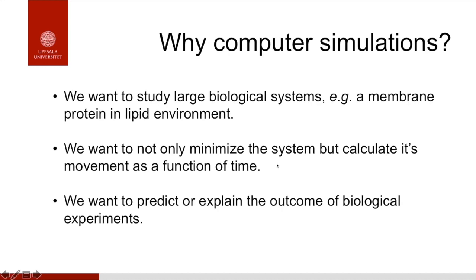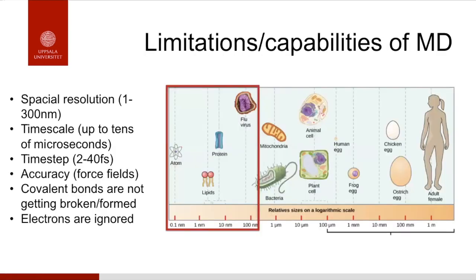That is not really possible to observe from experiment on that time scale and length scale. It can also be relatively cheap and fast, and we can preserve all the variables except the one we want to change. In the lab, it might be a bit harder to control the environment completely. Then we can use it either to predict what would happen in a biological experiment or to explain what already happened in one.